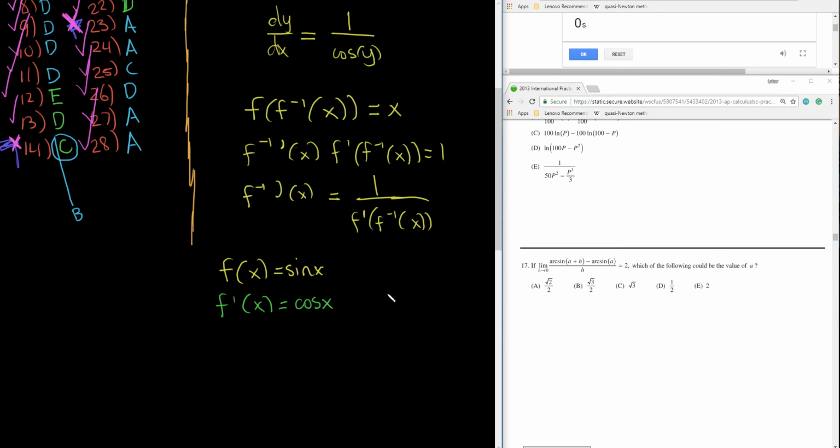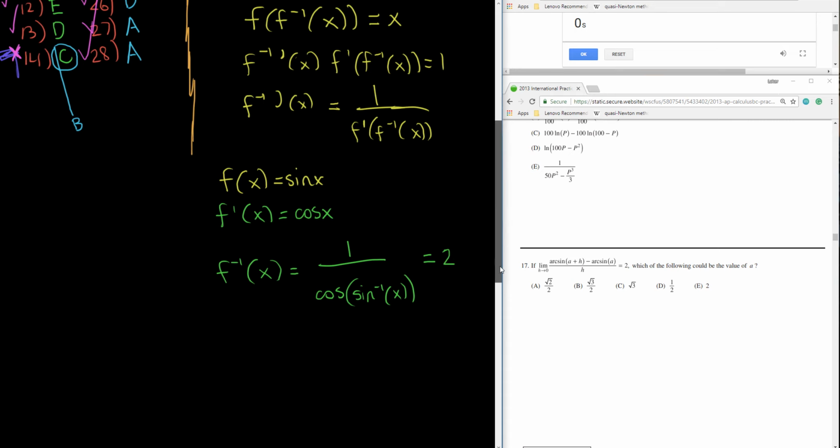And so the derivative of the inverse function to sine of x, which is arcsine of x, is going to equal 1 divided by the derivative, so cosine of the inverse of x. Yeah, this may not have actually been so good for the algebra, because then we would have had to set this equal to 2. Without a calculator, could we have solved this?